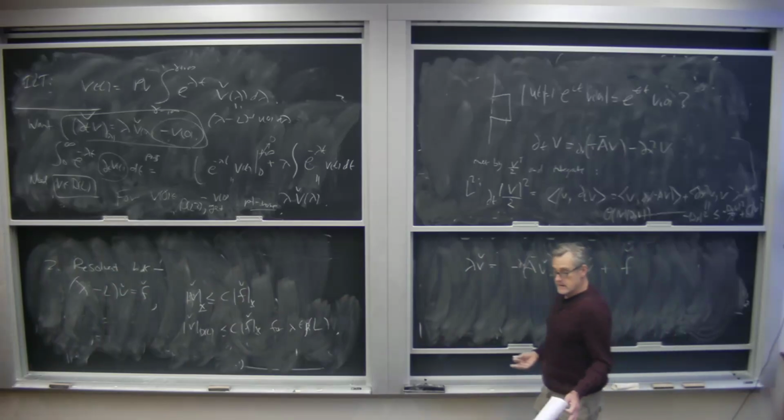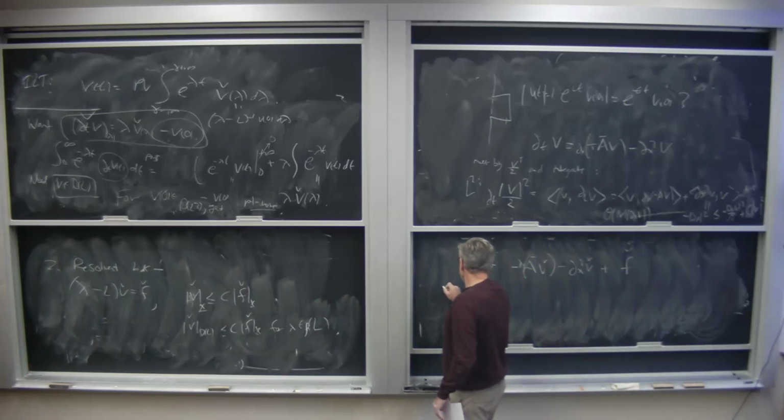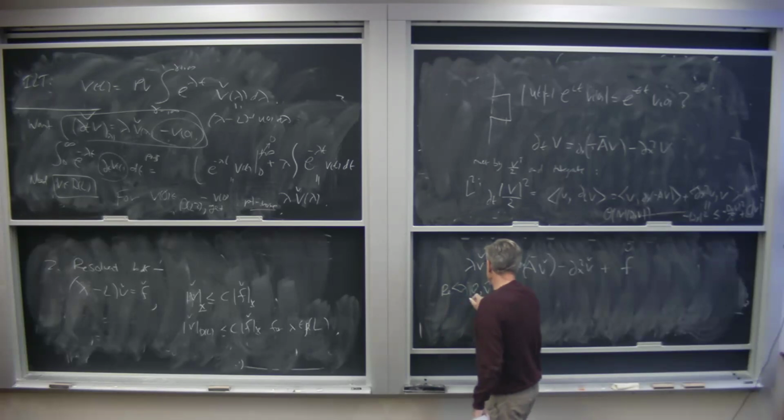But now I'm going to take an energy estimate. What I want is to take the real part of lambda v check against v check, which is the real part of lambda times v check squared.